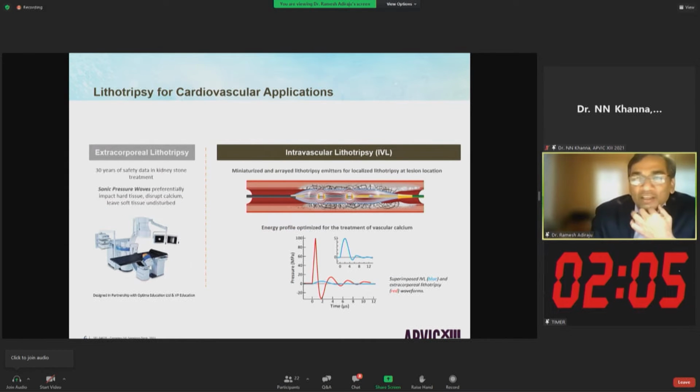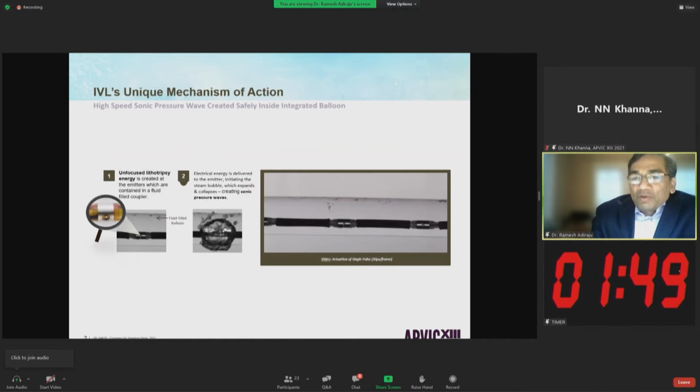Lithotripsy is a 30-year-old technique used in medicine, primarily developed for kidney stones. Recently, there's been a resurgence of intravascular lithotherapy, which is what I'm going to try to discuss.